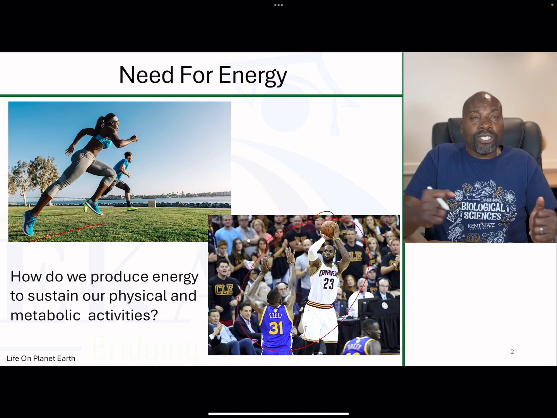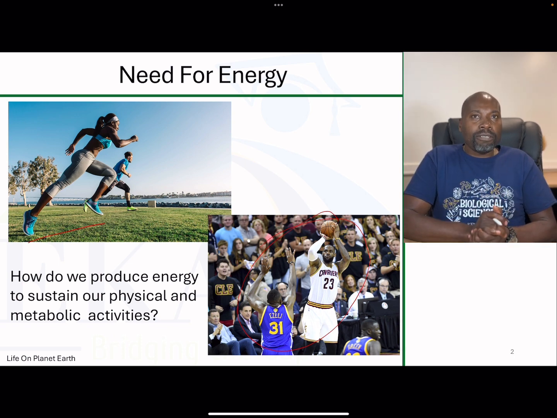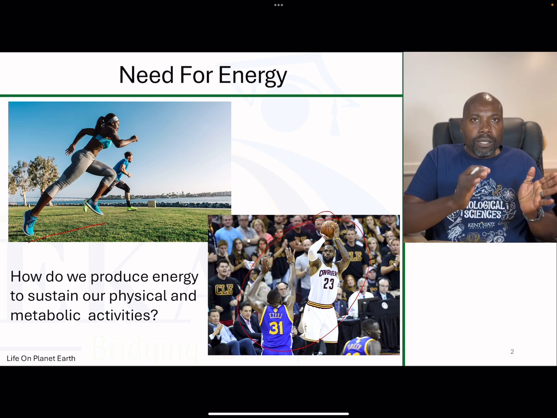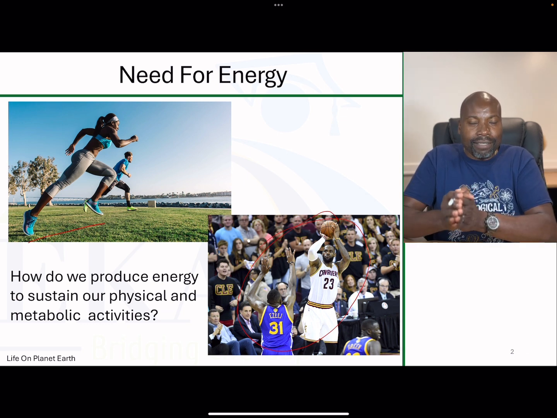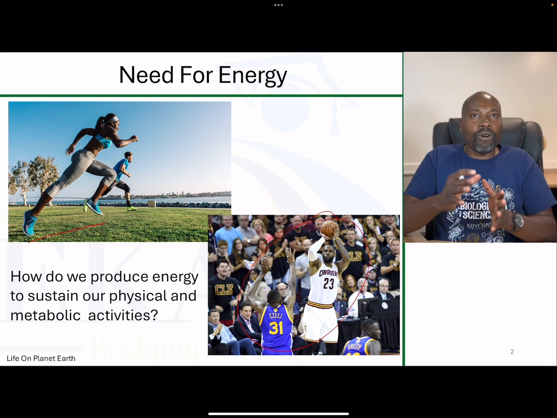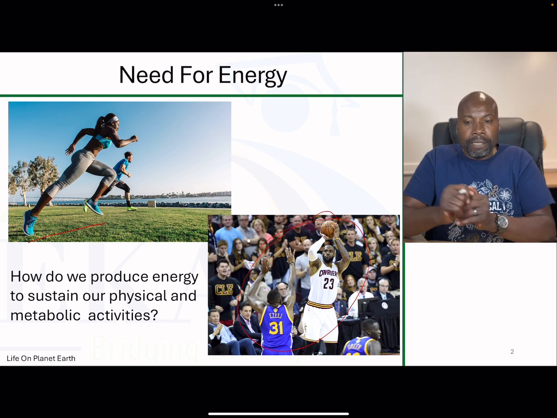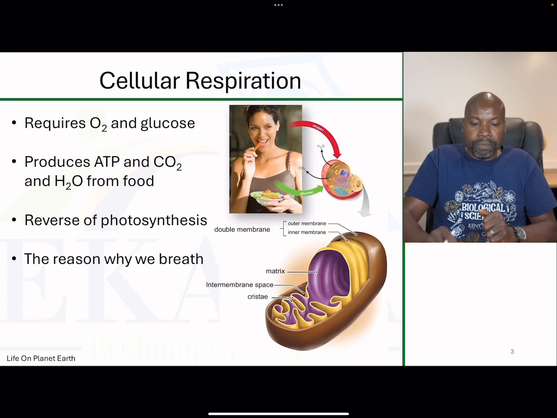Nevertheless, as I mentioned in the previous chapter, while the energy in the food represents energy, that energy is meaningless until it is converted into ATP, right? So keep that in mind.